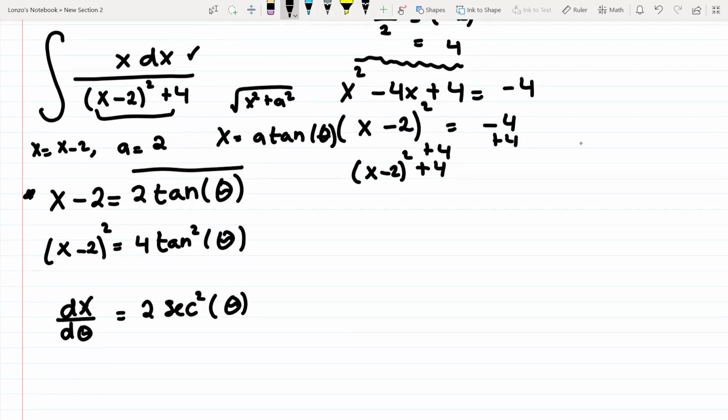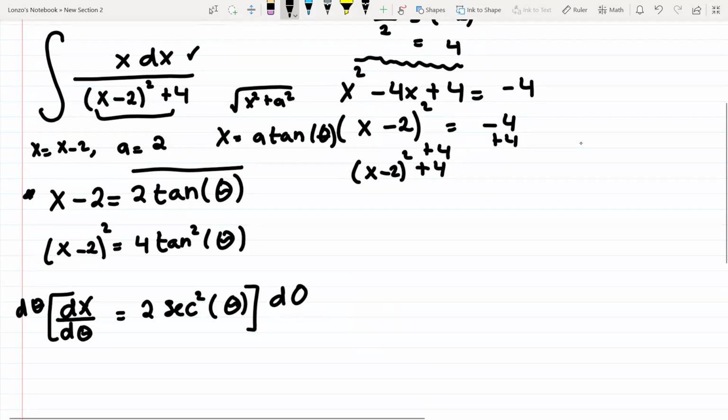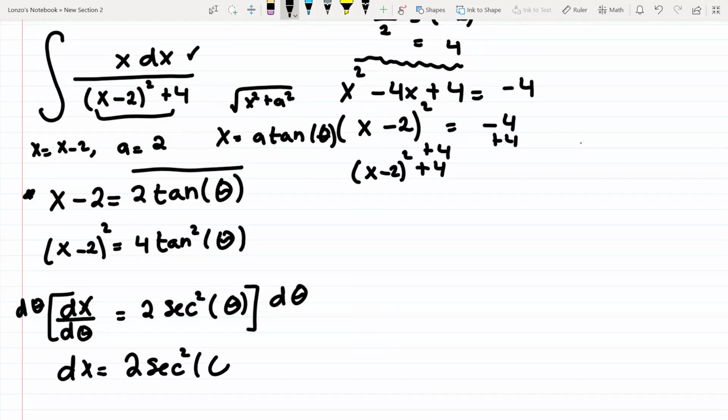Then you want to solve for dx. You get rid of this d theta by multiplying both sides by d theta. This cancels, so you're left with dx equals 2 secant squared theta d theta.